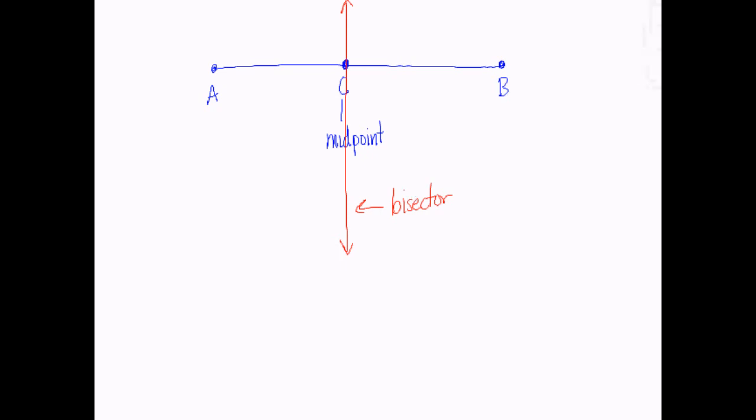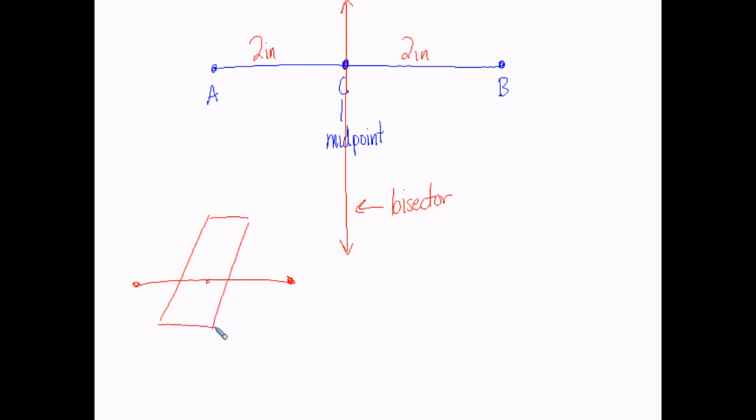A line is a bisector. This point C itself, because it's a midpoint, it's technically a bisector also because it cuts AB in half. So maybe this would be 2 inches, and this would be 2 inches, so they're the same size. It could be a plane, which would look like this if I had the line segment and then I had a plane cutting through it.